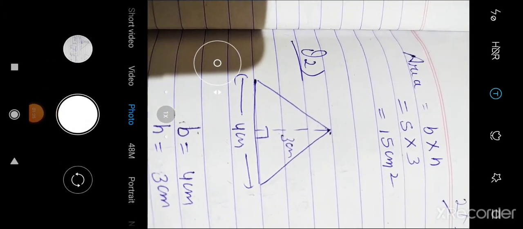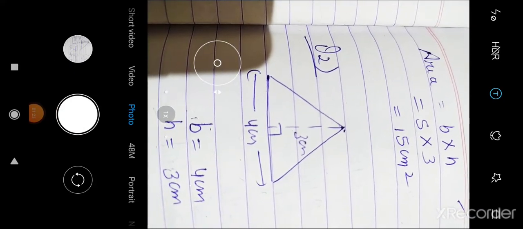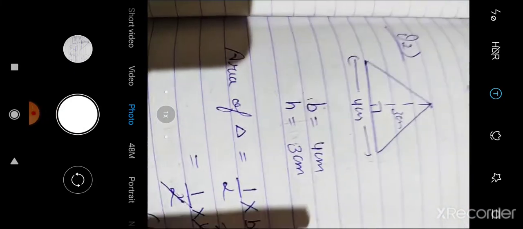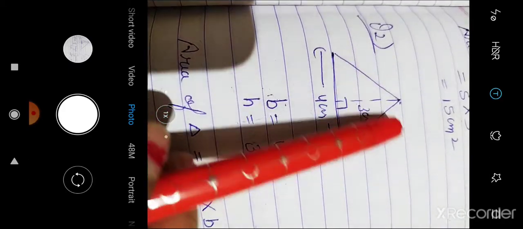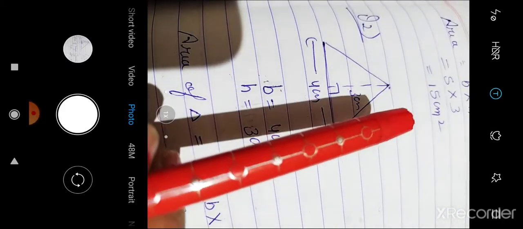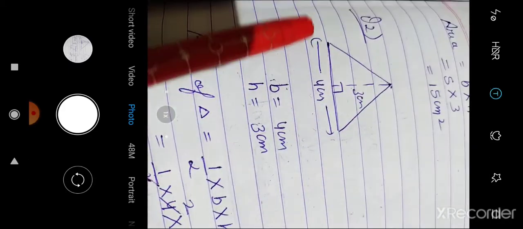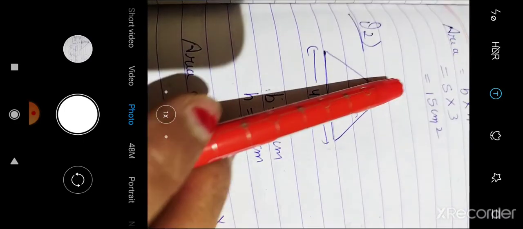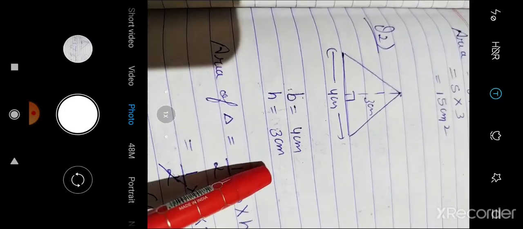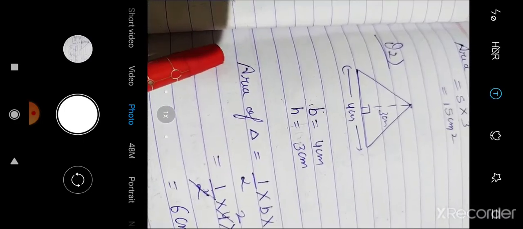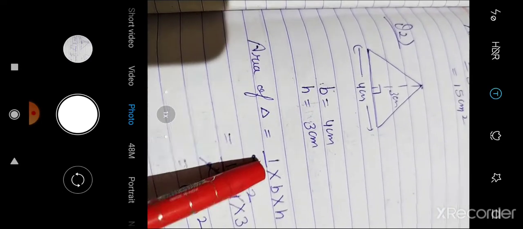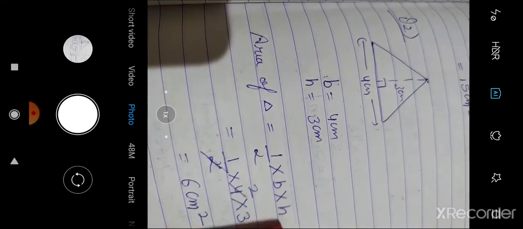In the next question we have to find the area of the triangle. In the first diagram it is given that the base is 4 centimeter and its corresponding height is 3 centimeter, and we know that the area of a triangle is equal to half multiplied by base multiplied by height.